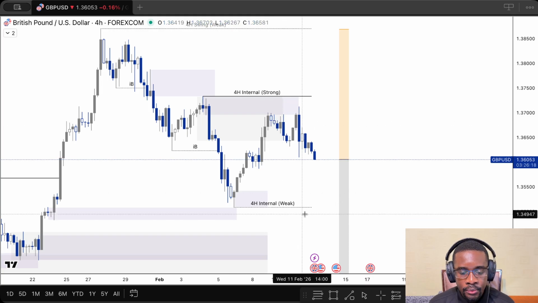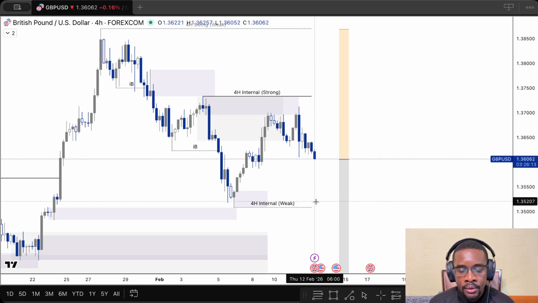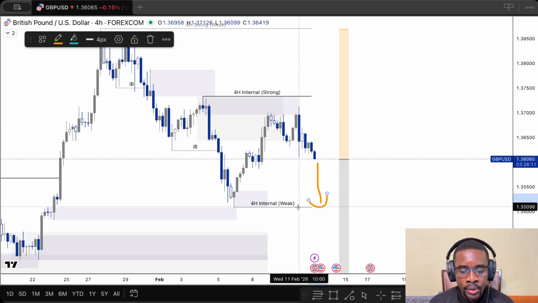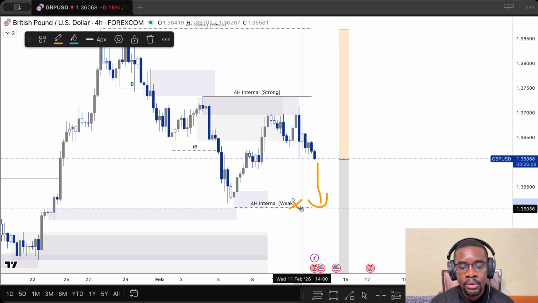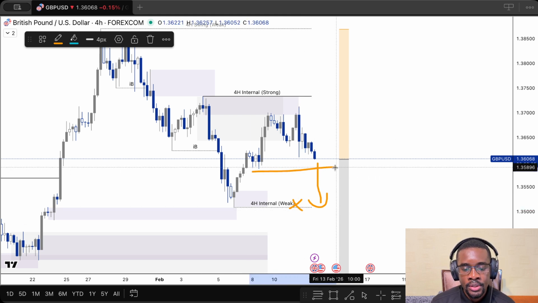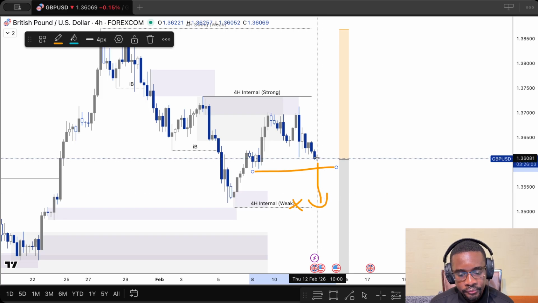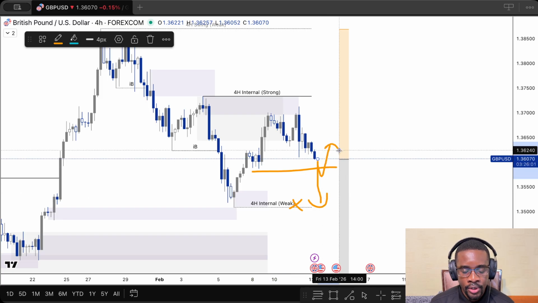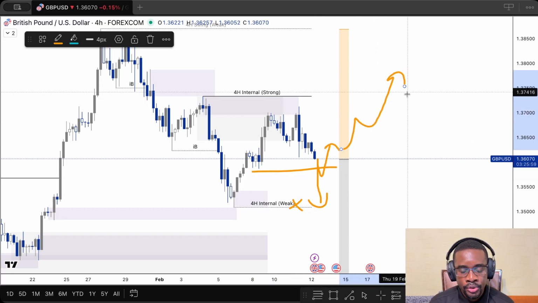Okay, so our internal structure shifted bearish again, after a sweep of these highs. So now we can expect possibly price to continue lower, maybe to take out this weak low, or price could just come into the discount of this range again, sweep these lows, have a reaction, and who knows, maybe continue bullish.